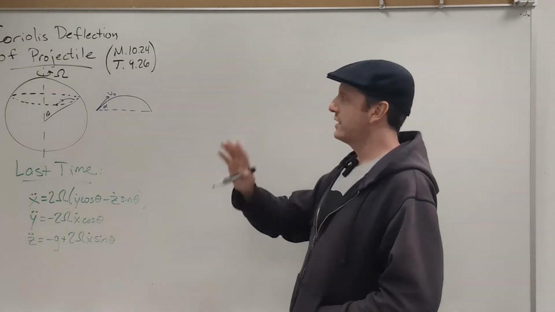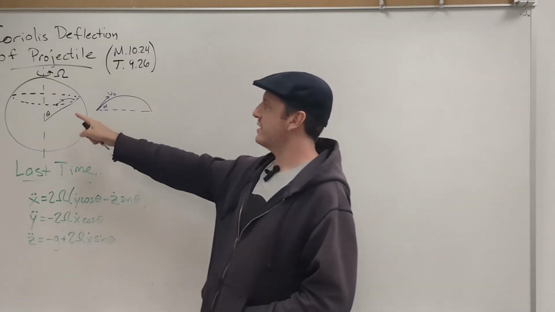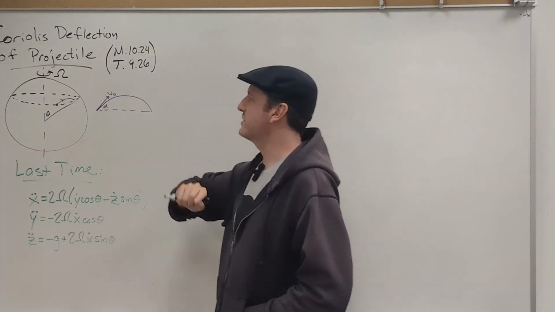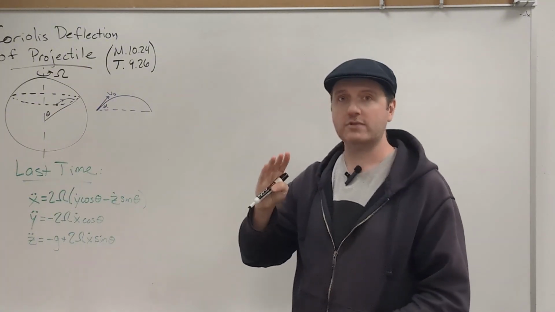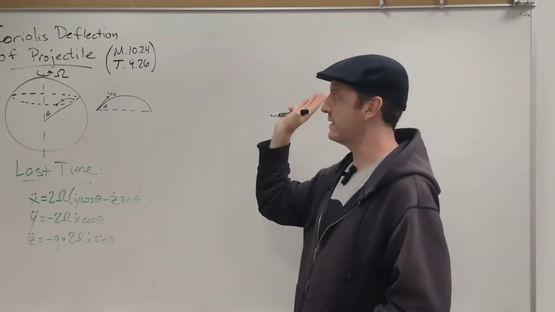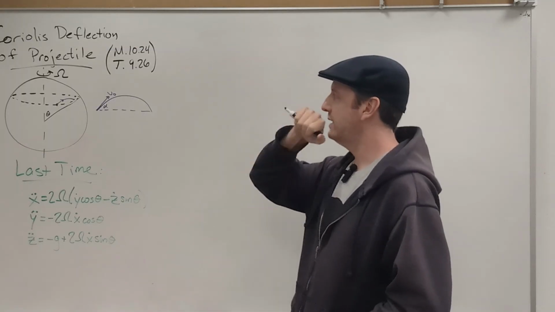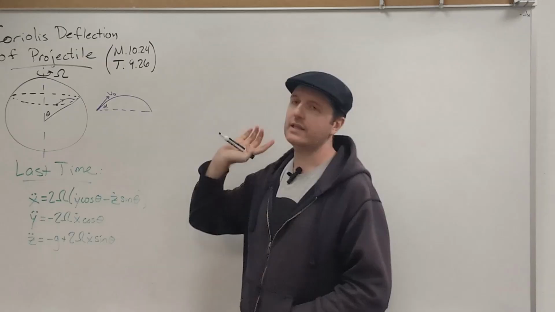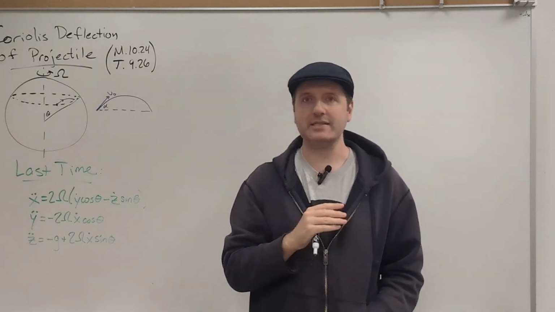So here's the idea. Let's say that we're launching a projectile from some colatitude theta. Remember, that's the angle on the sphere down from the North Pole. And for now, let's just say that we're launching it directly to the east.